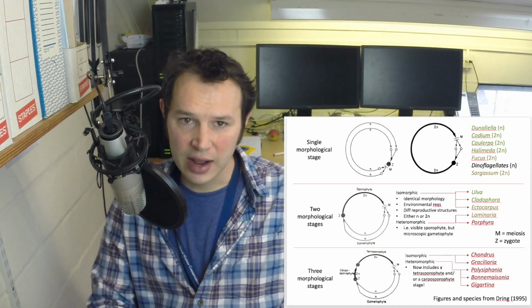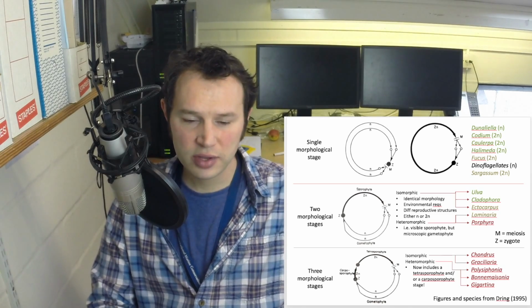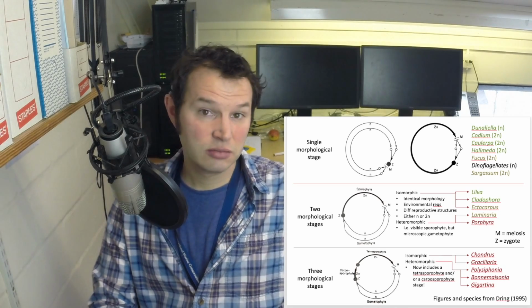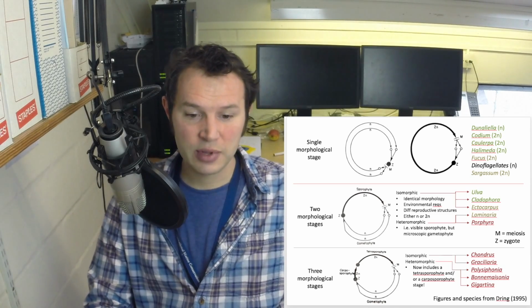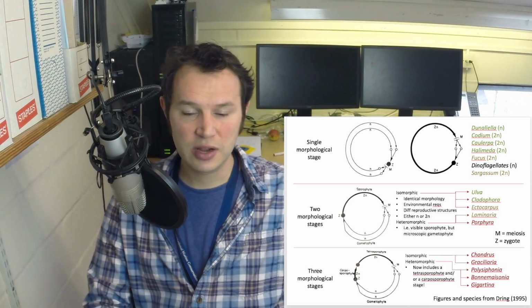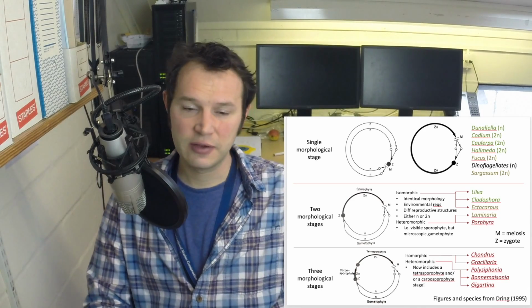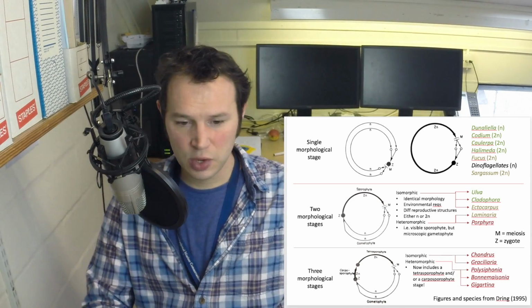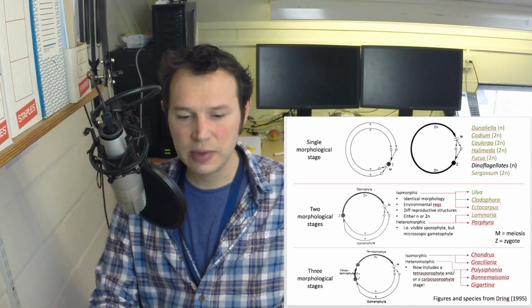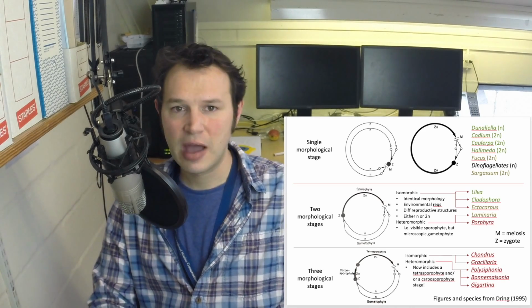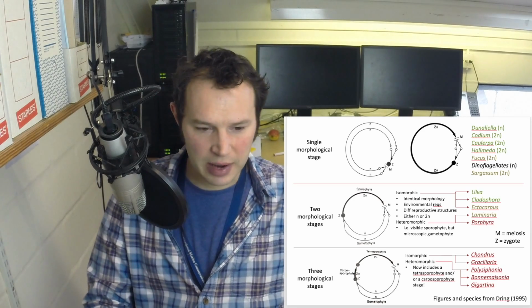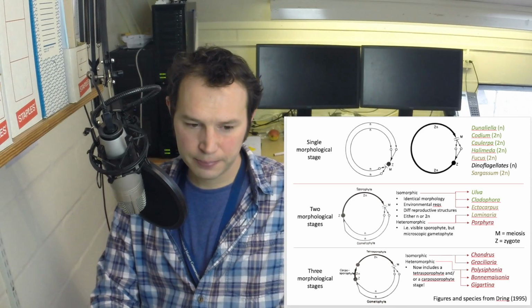Remember that there are isomorphic species, ones where the two stages are physically identical, with the same environmental requirements, but will have different reproductive structures and may have different cytology. They may be haploid, they might be diploid. You also have the heteromorphic species, those which have very different sporophytes versus gametophytes, such as Laminaria or Porphyra.